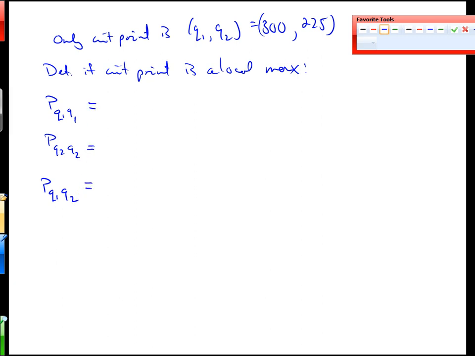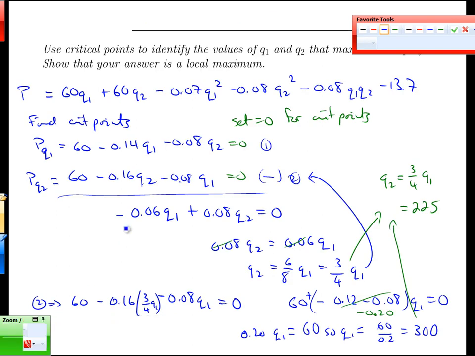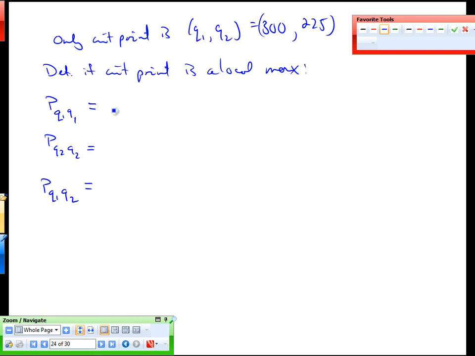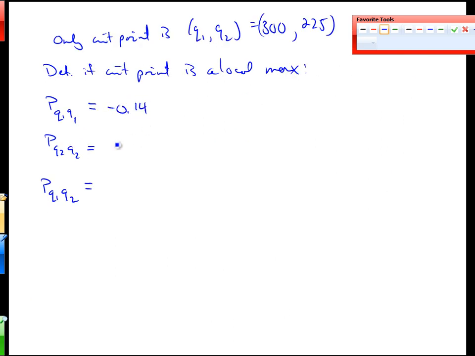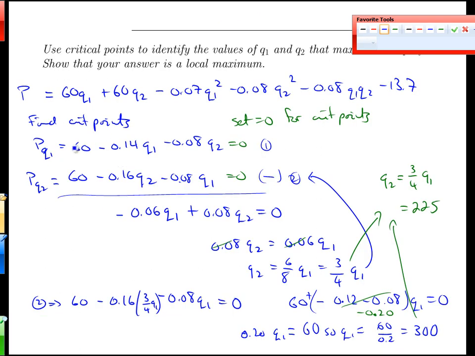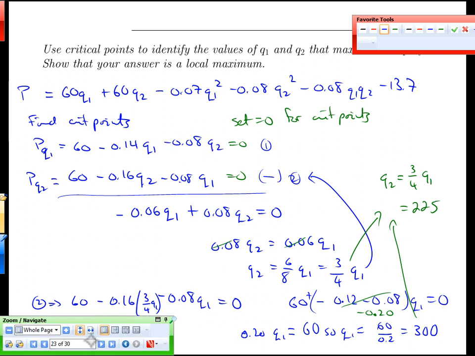So we flip back to our earlier expression for the derivatives, and then we say, what happens if we differentiate with respect to Q1? We get a nice constant. Differentiate this with respect to Q2, we get a nice constant, 0.14 and 0.16. And the mixed derivative would be, let's take the Q1 derivative and differentiate it with respect to Q2, we'll get negative 0.08.